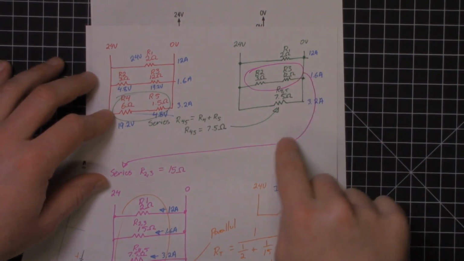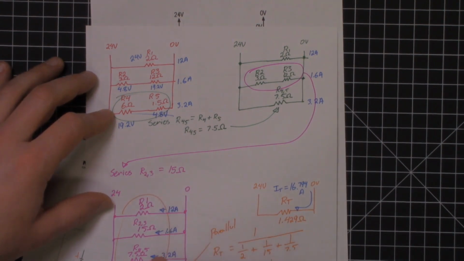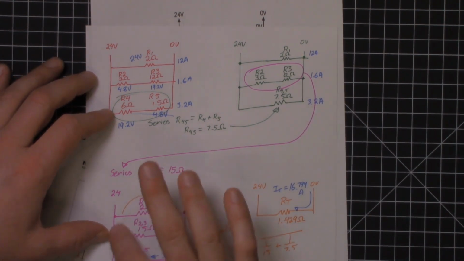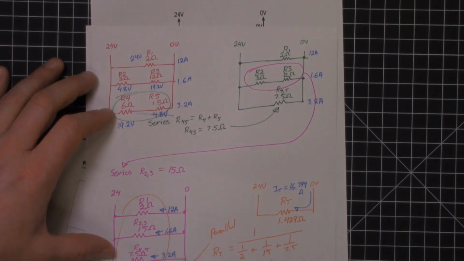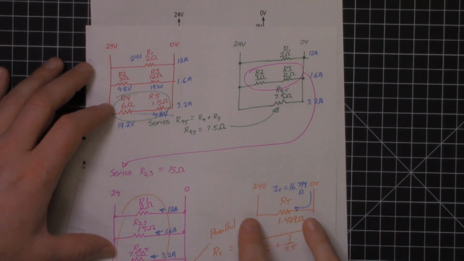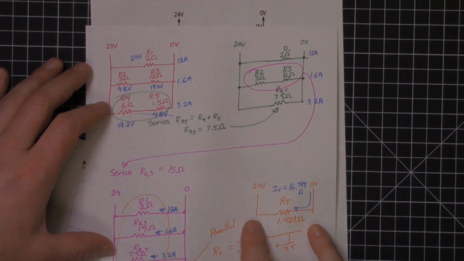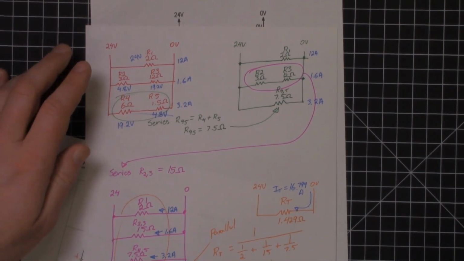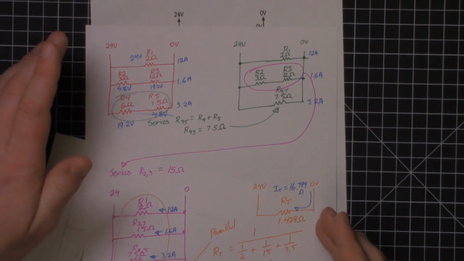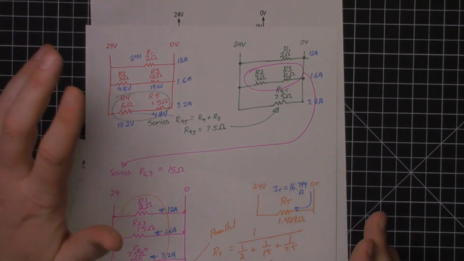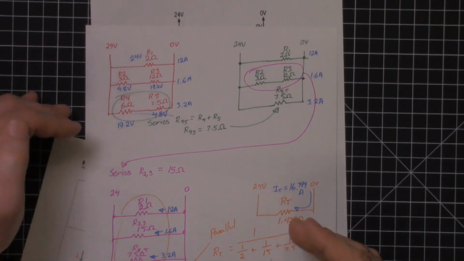These were in series, we could combine those using the series formula. These three values are all in parallel. We can combine them using parallel formulas. And your goal is to get down to one resistance value, your total resistance, using only series or parallel, one at a time. Redraw the circuit.